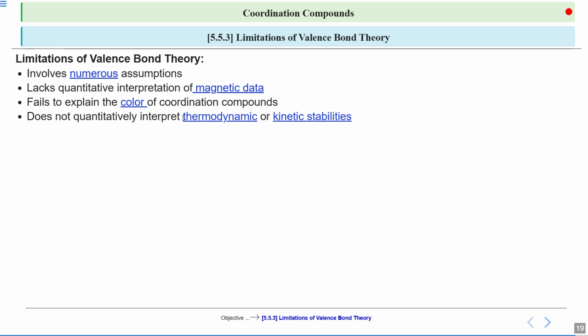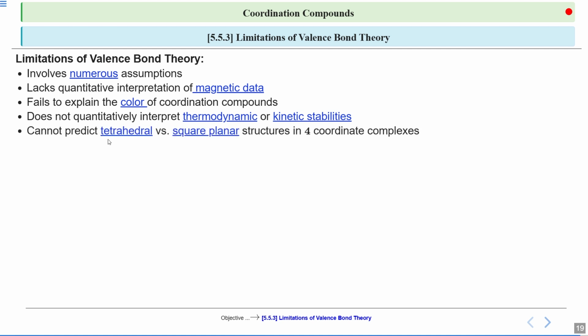It does not quantitatively interpret thermodynamic and kinetic stabilities. As I said, the valence bond theory is largely a qualitative theory, and it struggles to provide quantitative insights about the bond energies or the kinetic and thermodynamic stabilities of coordination complexes.